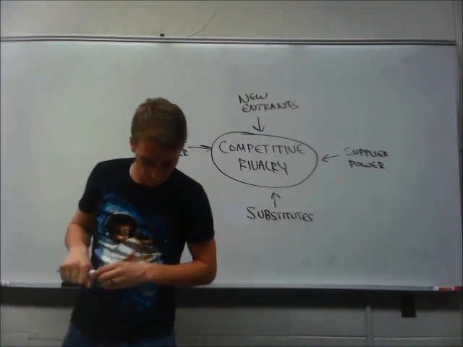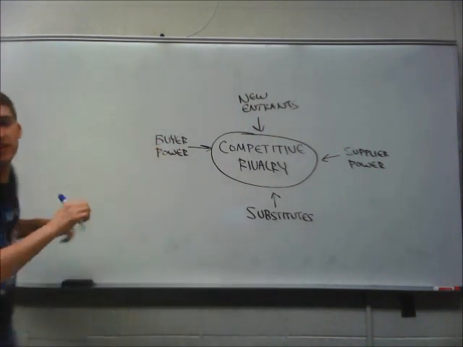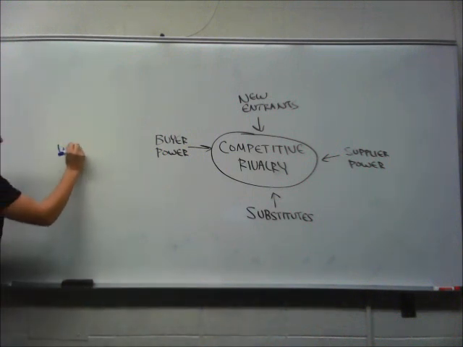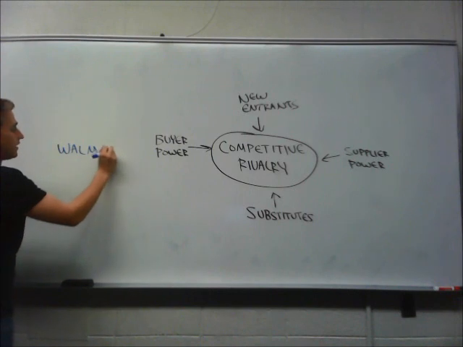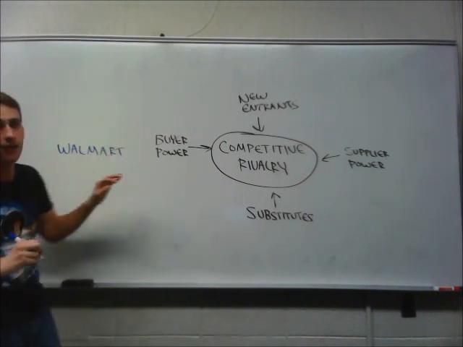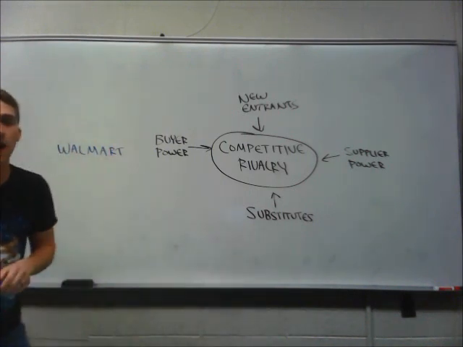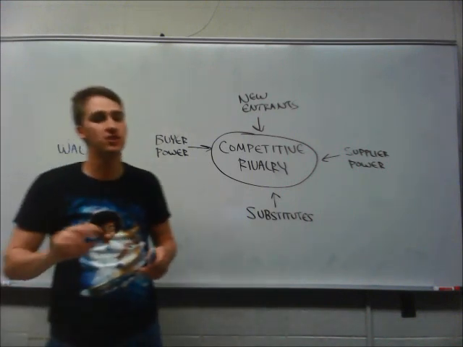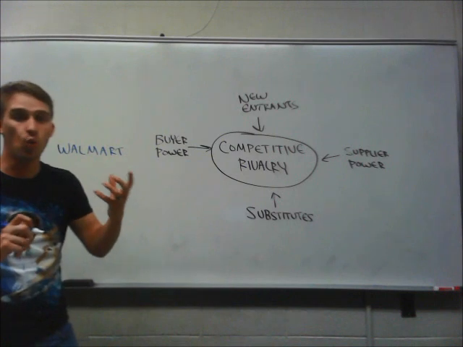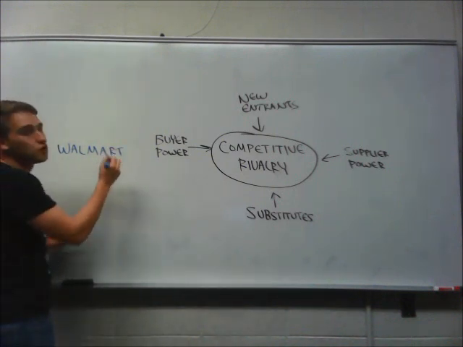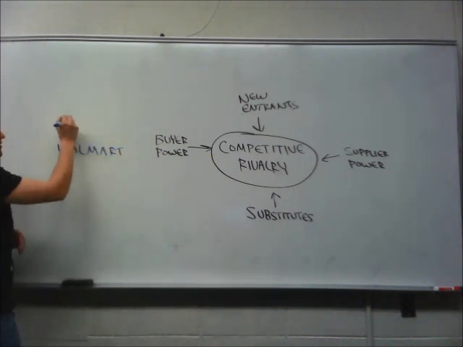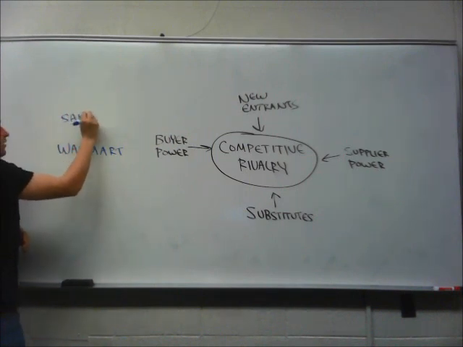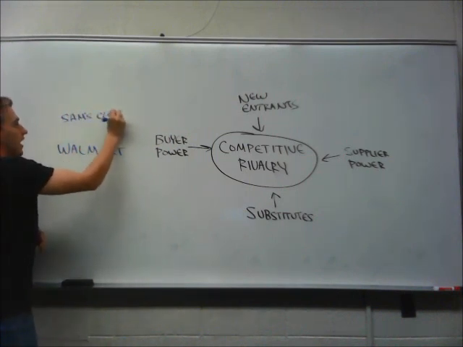Let me back up. Buyer power, I mentioned this in a different video. Think about Walmart. If you are a supplier for Walmart, Walmart's huge, like thousands of stores across the United States. You want them to be your buyer because you make money, obviously, when they buy things. So we'll put up here Sam's Club because they supply Walmart.